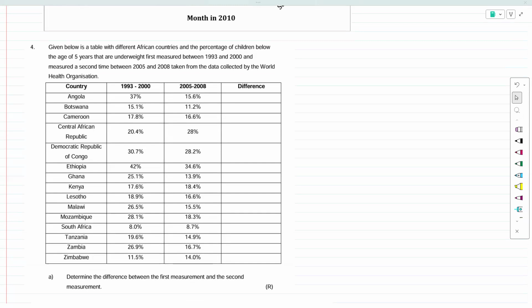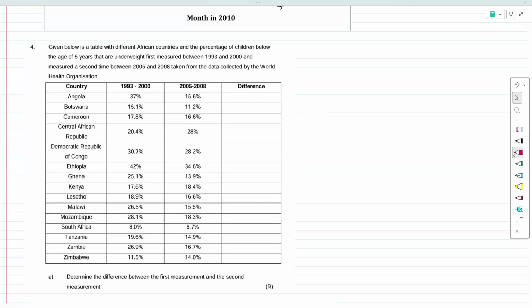First, it's measured between 1993 and 2000 and measured a second time between 2005 and 2008. It's taken from the data collected by the World Health Organization. Guys, this is a very old paper, so the data most likely is not accurate.